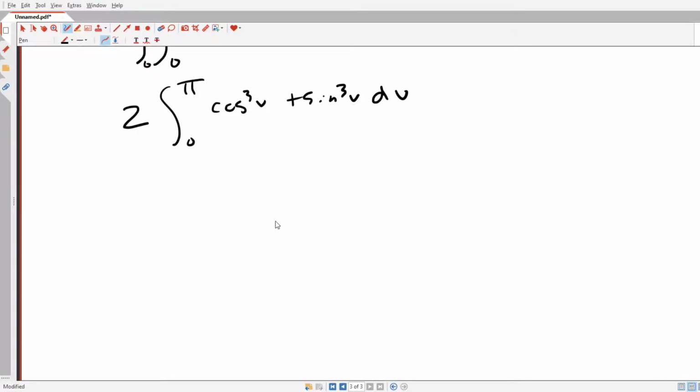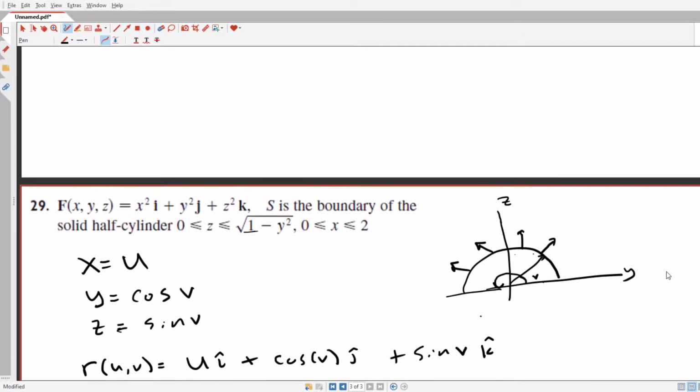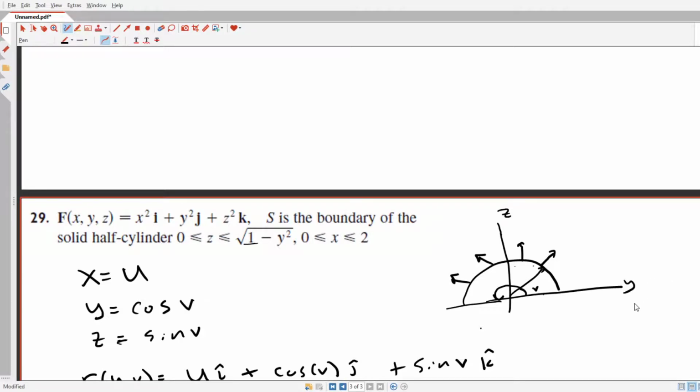So why is the bound 0 to pi? Okay, let me go ahead and answer that. Here, think of v as like this theta angle. It's not really theta because theta is in the xy plane, but it's going to be similar to that.